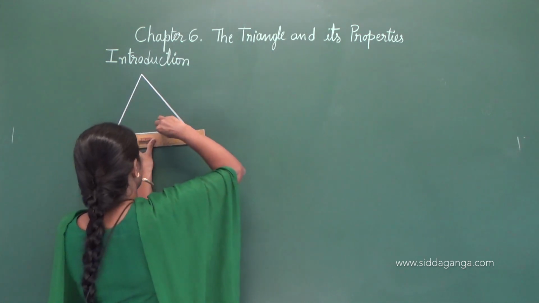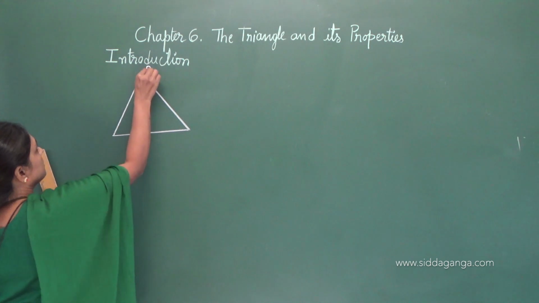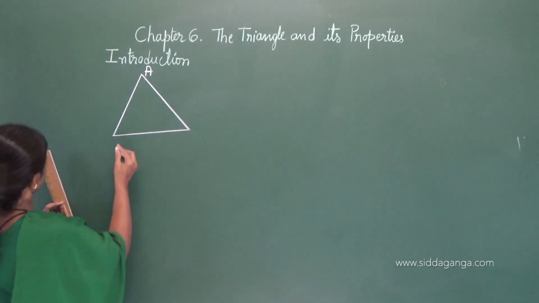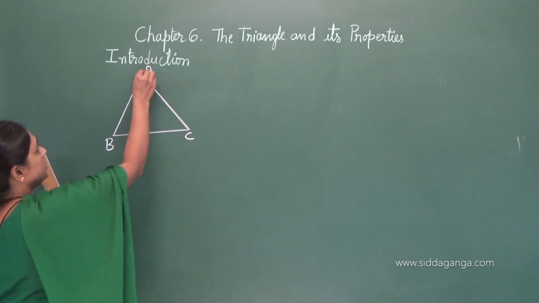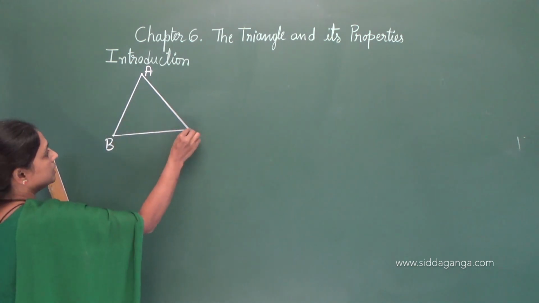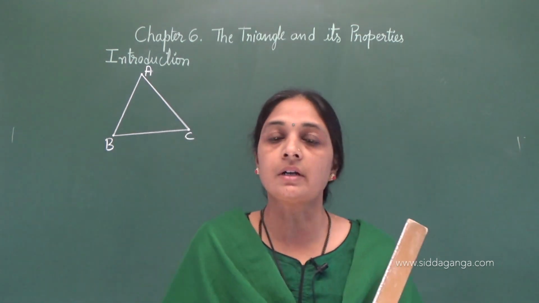It has three line segments, and we can denote these points by A, B and C. So here A, B and C are called the vertices of a triangle.